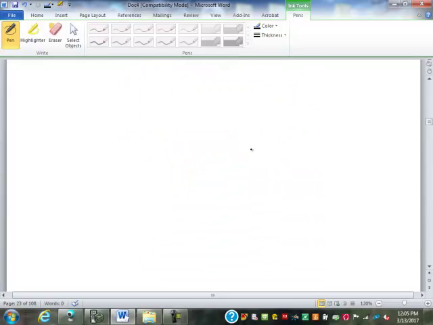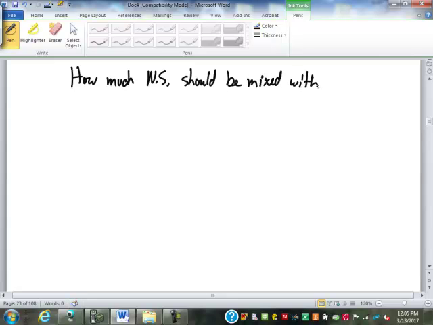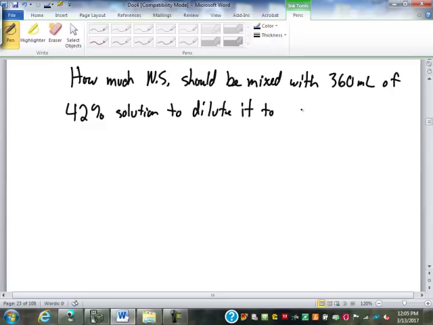We might ask, how much saline should be mixed with 360 milliliters of 42% solution to dilute it to, let's go 14%.